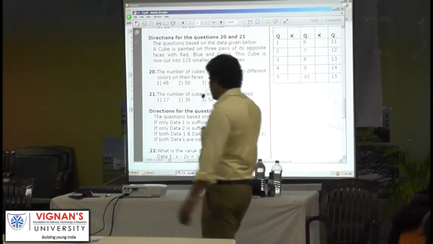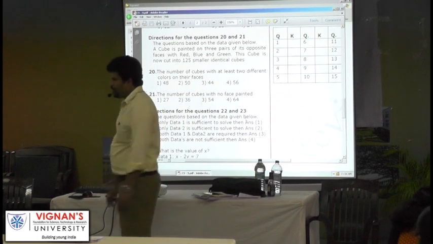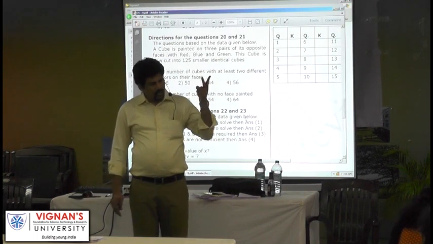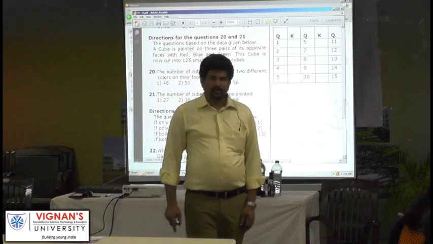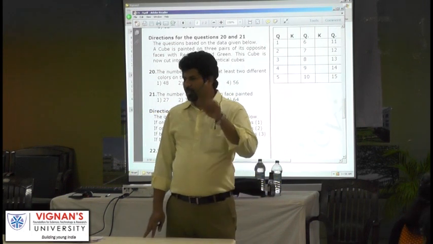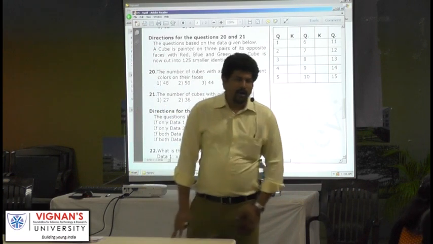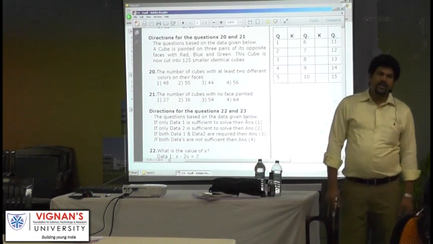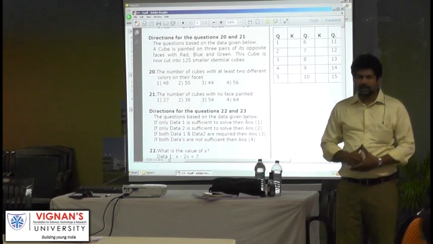What is the question asked there? Number of cubes with at least 2 different colors on their faces. At least 2 colors. What does that mean? Either 2 colors or 3 colors. Where do you find 3 colors? How many corners are there? All 8 corners have 3 colors. So we can consider those 8. Now after that 2 colors. Where do you find 2 colors? How many edges we have? 12 edges. On each edge how many are there? 3.